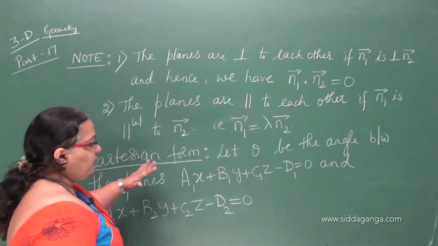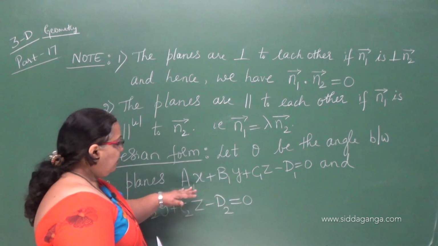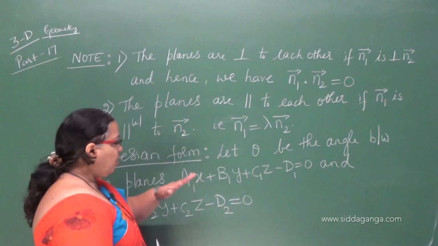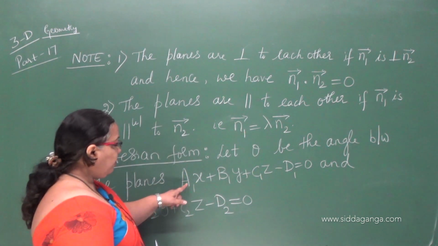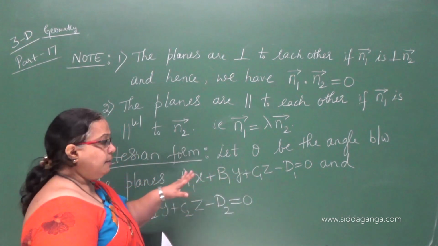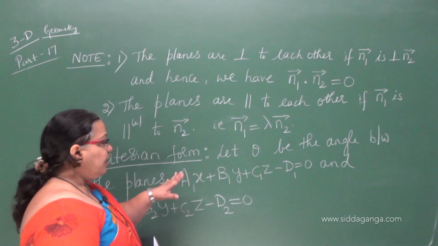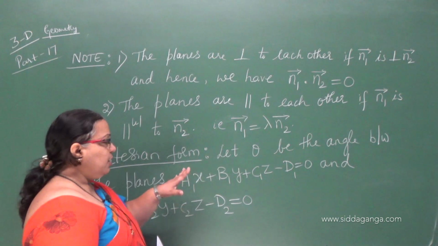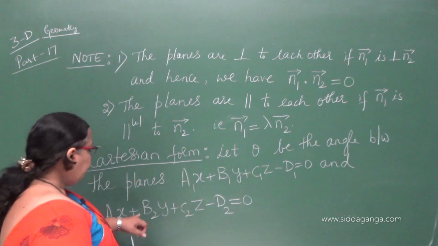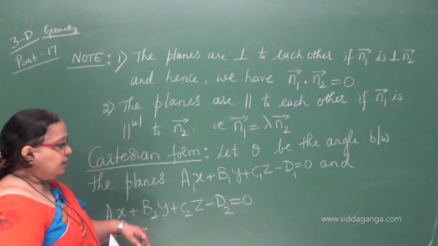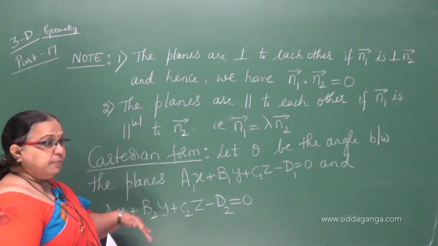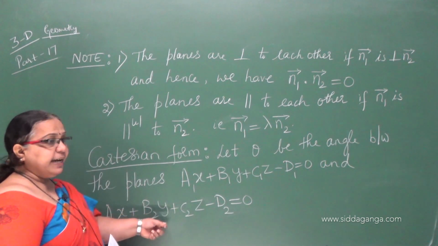That means this plane is in Cartesian form. To write the normal vector of these, we have to take these: a1 b1 c1 represents the components, or the direction ratios, of the normal vector n1 for the first plane. So a2 b2 c2 represents the direction ratios of the n2 vector, the normal vector of the second plane.